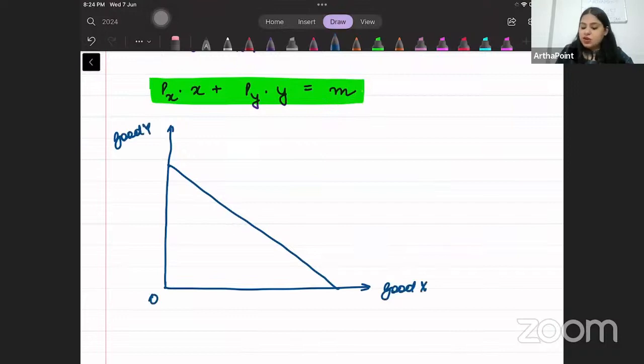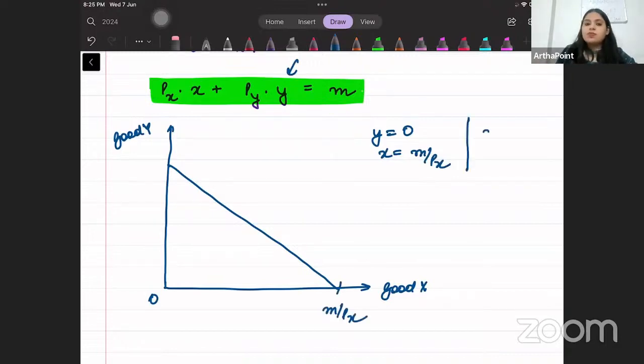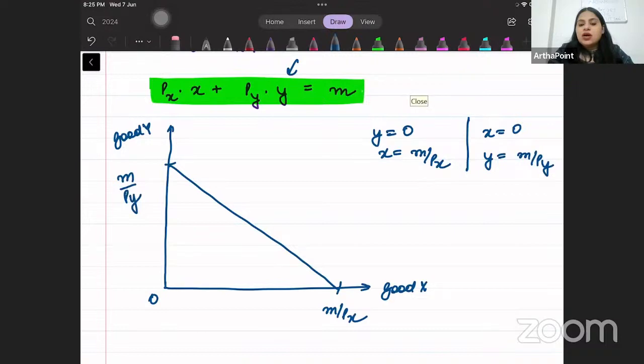And when you put y as 0, you will get x as m by px. This will be m by px. And when you put x as 0, you will get y as m by py. This is m by py. So this is how you will draw this line.